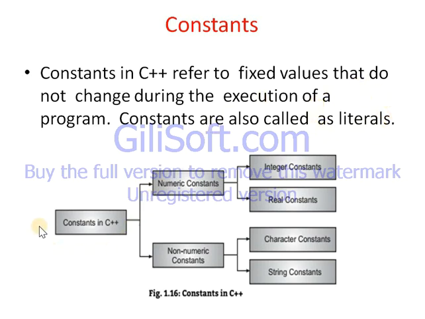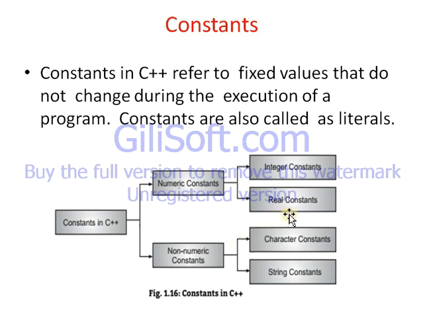The constants in C++ are divided into two types. The first one is the numeric constant and the second one is the non-numeric constant. Numeric constant is again divided into two types: integer constant and real constant.